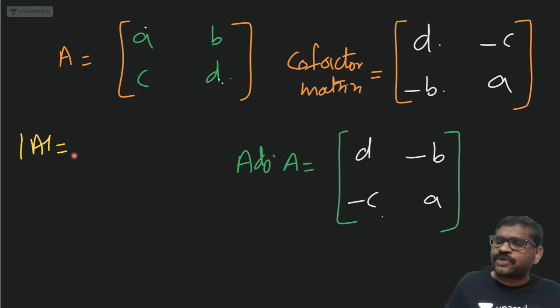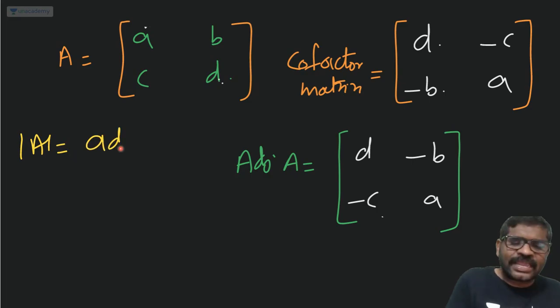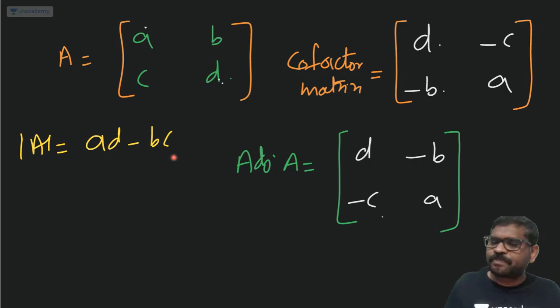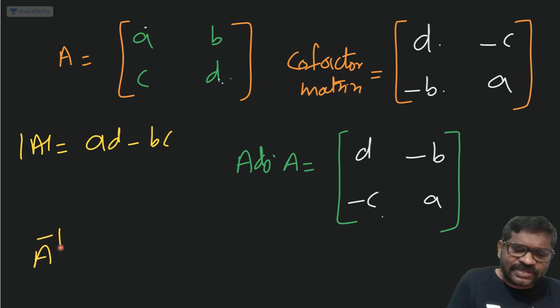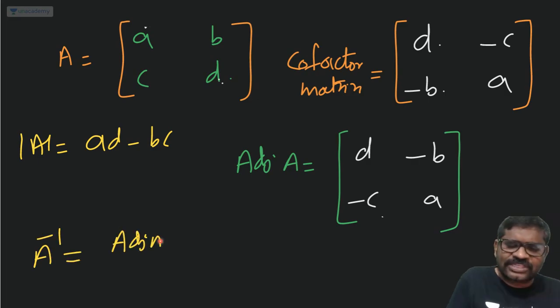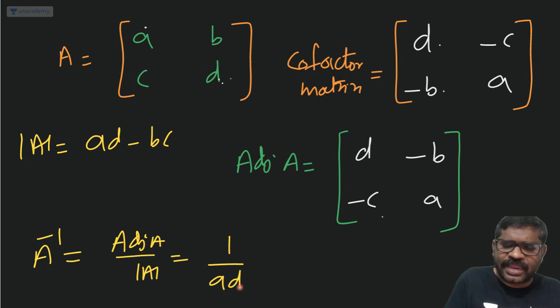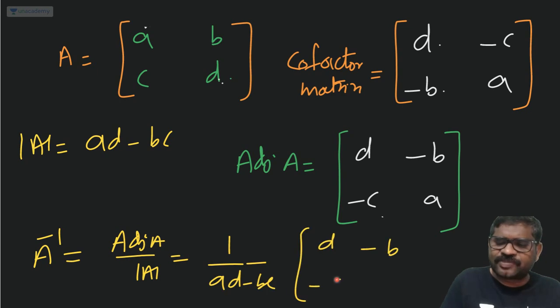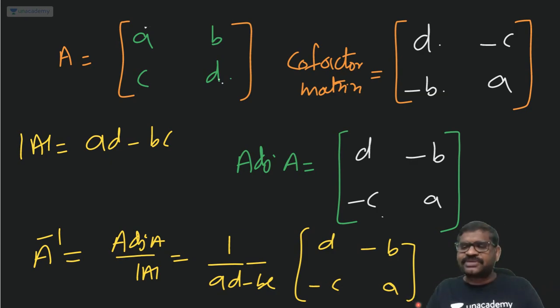AD minus BC. Now, A inverse equal to adjoint A by det A, that is 1 by AD minus BC of D, minus B, minus C, A. That is A inverse.